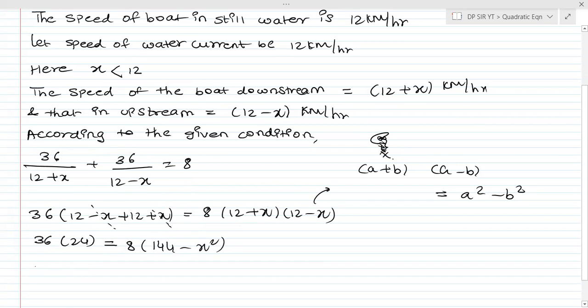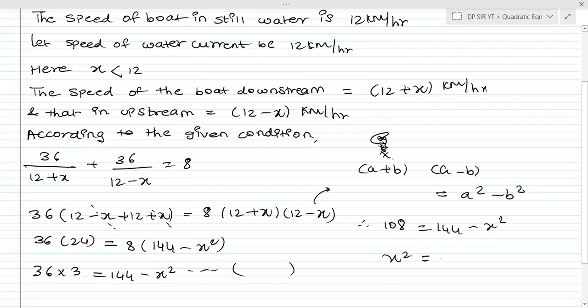So now 36 into 3 is equal to 144 minus x square. What I did was divide both sides by 8. Therefore, 108 is equal to 144 minus x square.